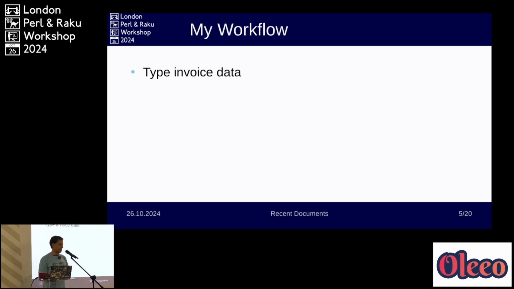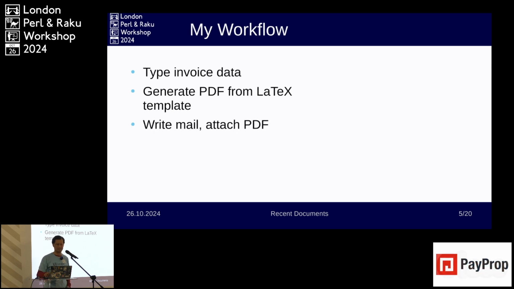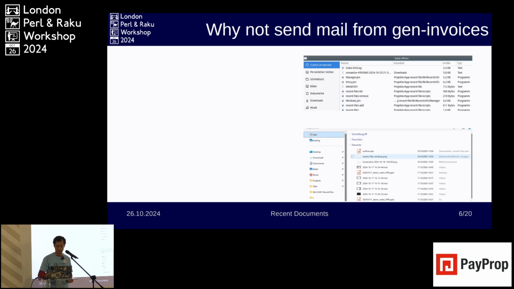And that workflow looks like this. I type the invoice data, then generate a PDF from a LaTeX template, and then I write a nice mail, thank you for supporting Perl, and please find attached the invoice for your sponsoring.